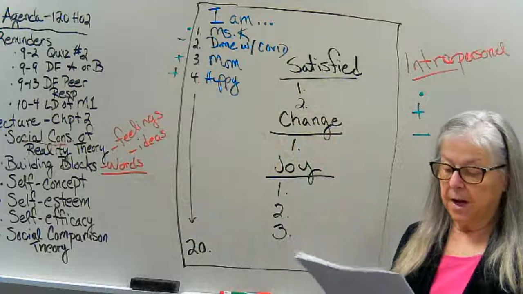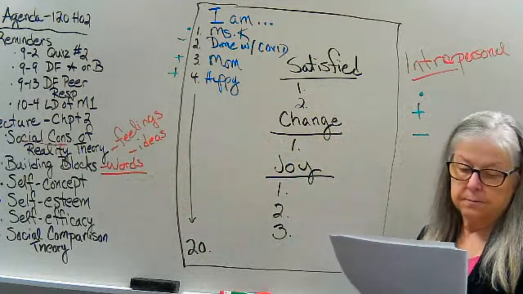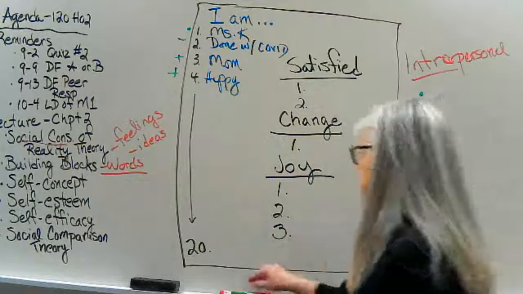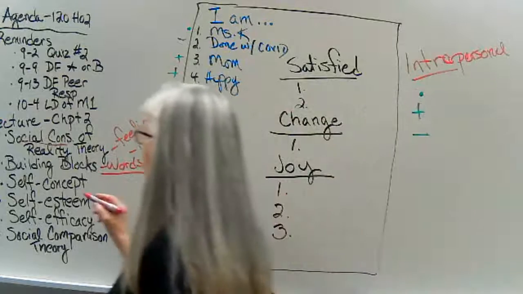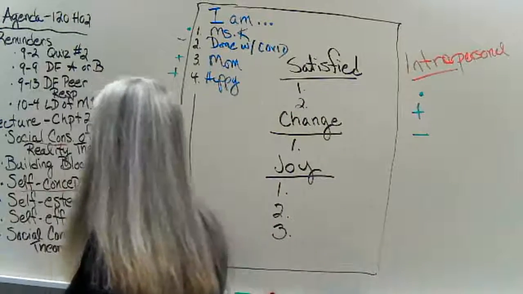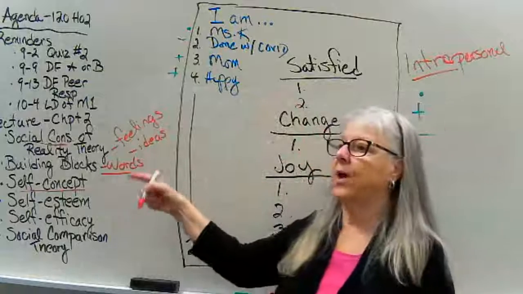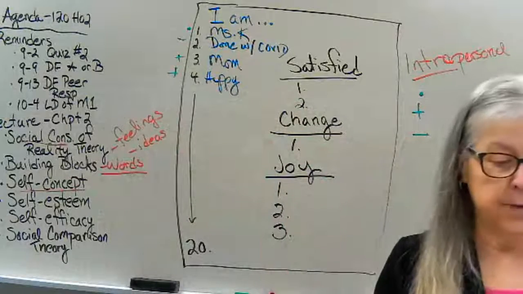All right. So on page 34 is a definition of self-concept. Right. So let's look here and see how these words are used to reflect or build your current self-concept.